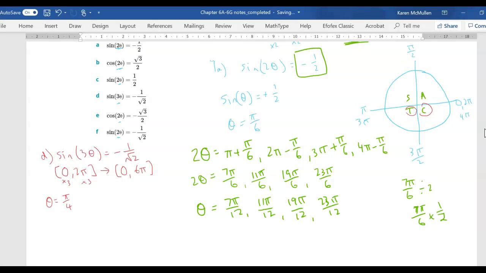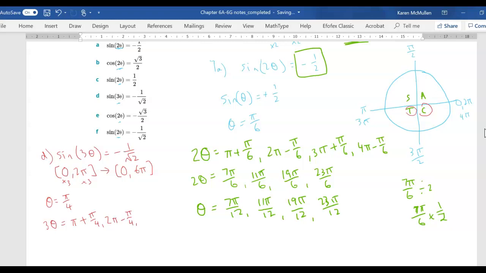So our first solution, now we're doing 3 theta, is going to be at pi plus pi on 4. Our second solution is going to be at 2 pi minus pi on 4.